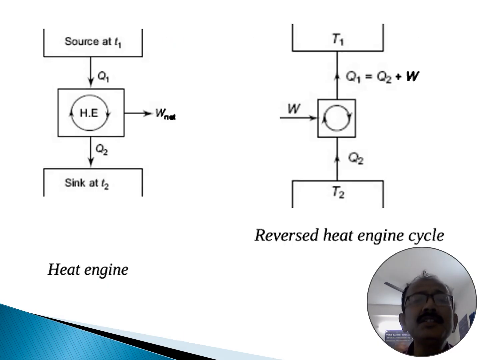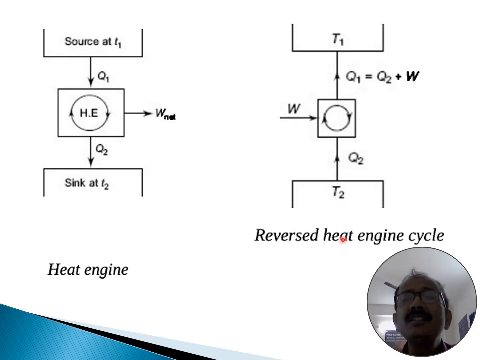Now this is the diagram of a heat engine and a reversed heat engine. We already know that a heat engine converts heat energy into work. So Q1 amount of heat is drawn from the source T1 and converted in the device, that is called the heat engine, and Q2 is rejected to the sink at temperature T2, and the net work is W net. So this is the heat engine.